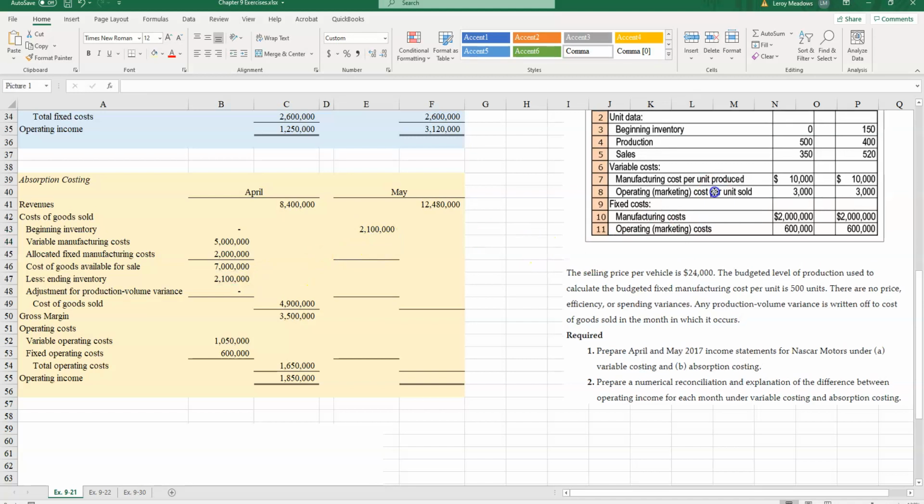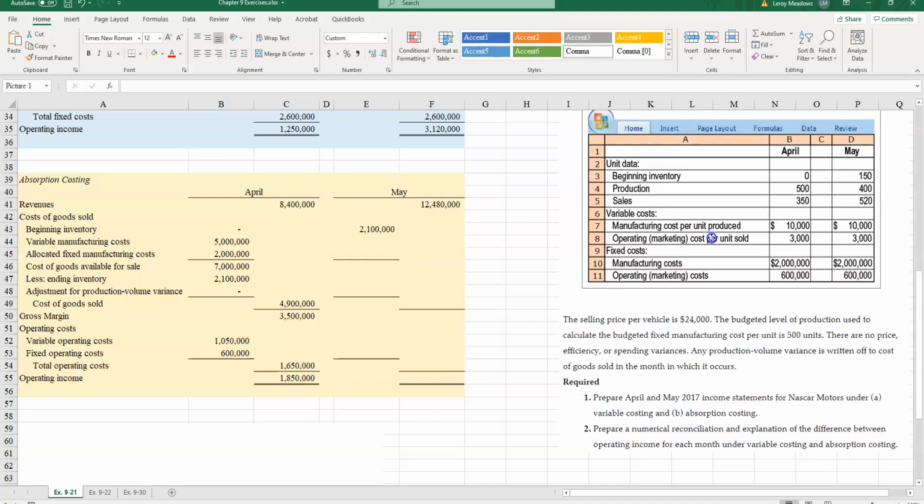Now let's look at our variable manufacturing costs. That's going to be the number of units produced, 400, multiplied by the variable manufacturing cost per unit produced, $10,000. And that gets me $4 million.